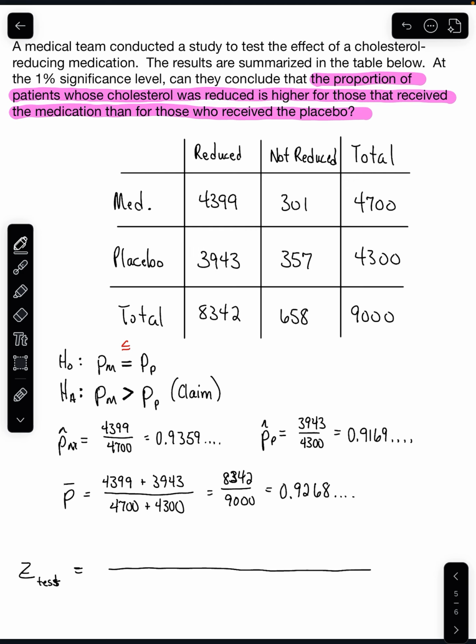In this case, it is a right tail test, as indicated by the greater than symbol in our alternative hypothesis. If it is a right tail test, then we should expect a test statistic that is on the right, or positive. The way that we make that occur is we use the larger of the two proportions first, minus the smaller of the two proportions second.